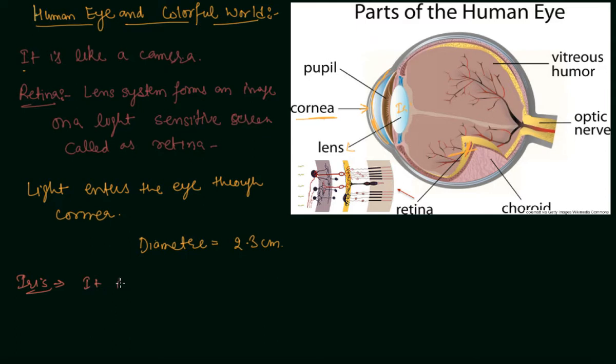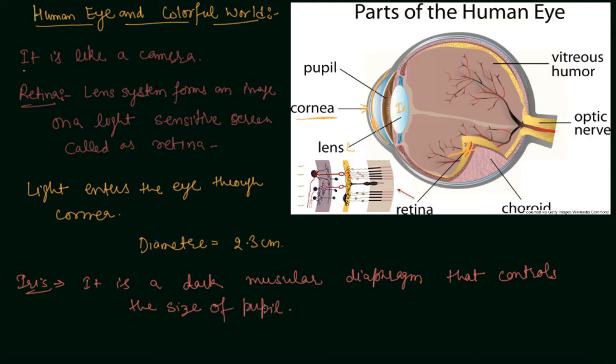It is a dark muscular diaphragm that controls the size of the pupil. So the function of the iris is to control the size of the pupil.